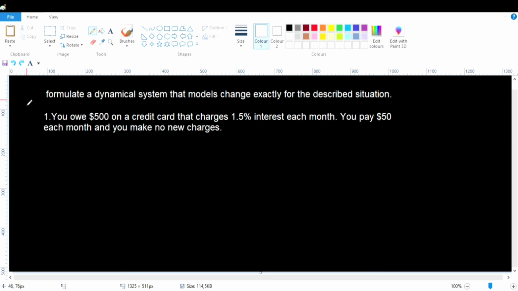First step here, we have to identify the initial value. So here the initial value is equal to $500, and here I'm going to write a sub 0.